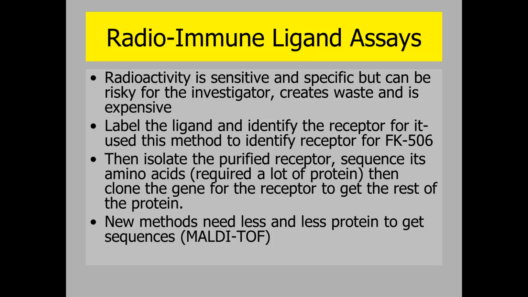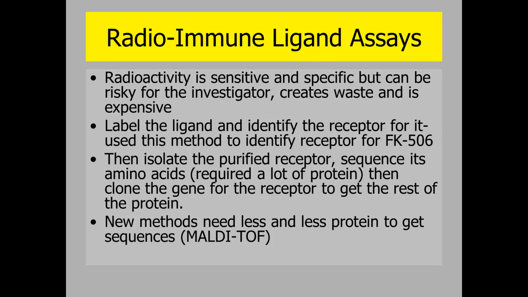So for example, this was used to identify the receptor for FK506, which is a useful receptor. And then once you've isolated the purified receptor, you sequence the amino acids, and then once you've identified the amino acid sequence of the protein, you can clone the gene for the receptor to get the rest of the protein.